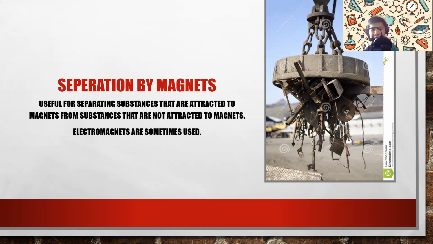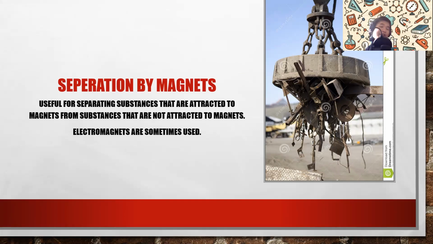And not to mention, some objects like your cars, you cannot use your hands to pick up. That's too big. You can use an electromagnet so that it will carry up the car, and then you can use it to recycle the car, even without us humans carrying it because it's very, very heavy. That is separation by magnets.